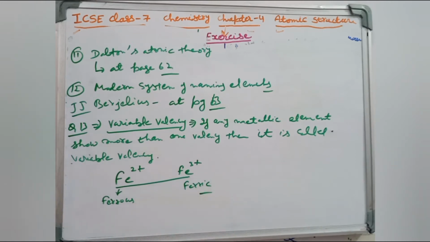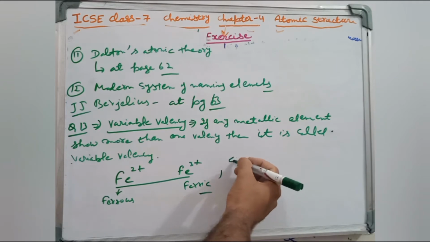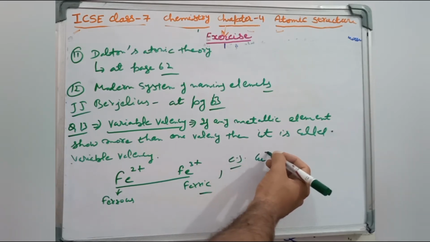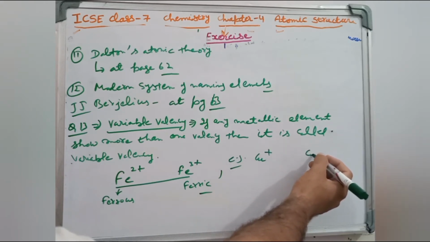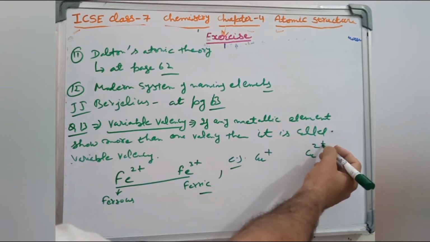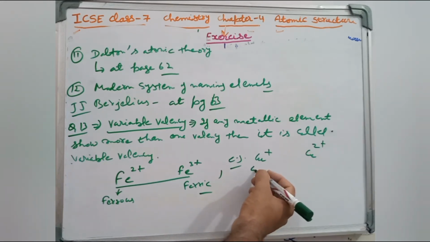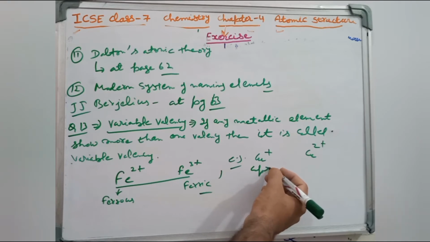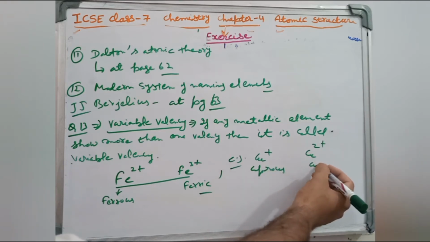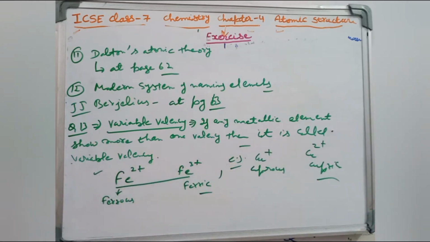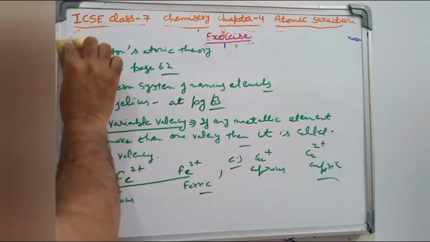Right, students? Another simple example is copper. Copper also shows one valency and two valency, right? With one valency it becomes cuprous, and with two valency it becomes cupric. So these are two examples of variable valency, right?